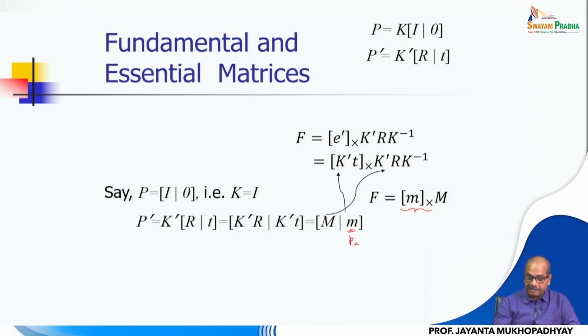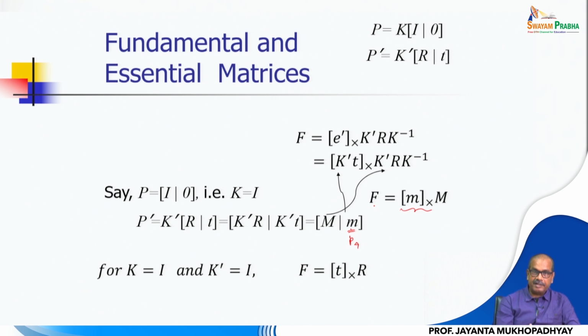M and P4 are the same now. This is the notation we usually use for stereo when we express the stereo geometry. We could have used P4 here, but we used M, and that forms this kind of structure. So this is another form of representation of the fundamental matrix.